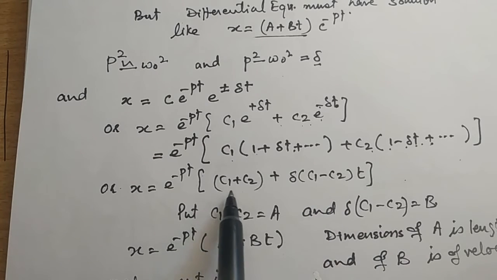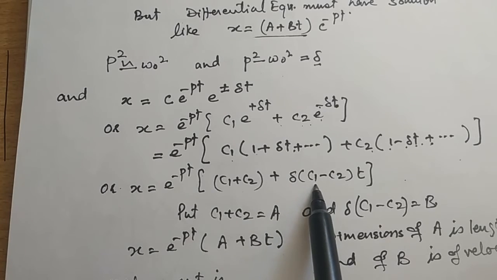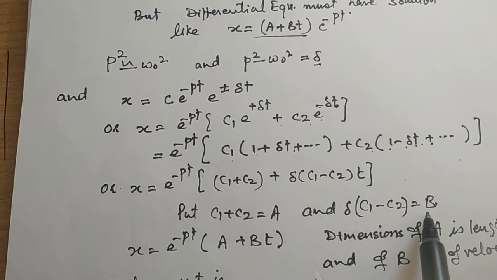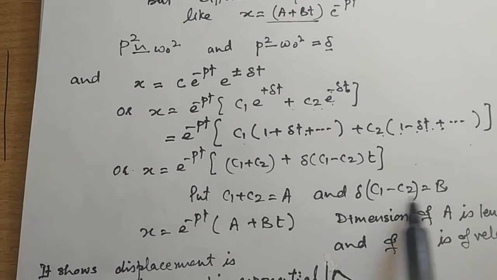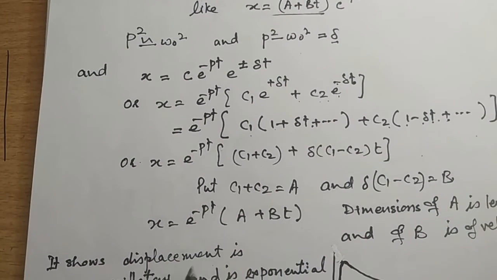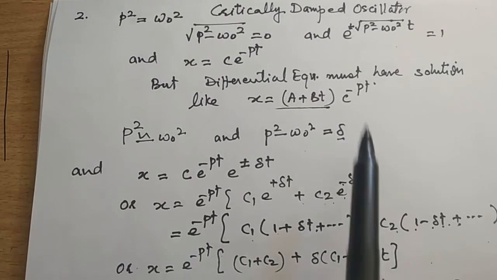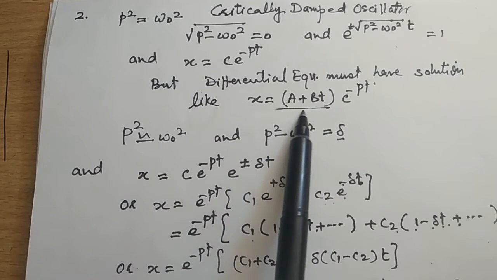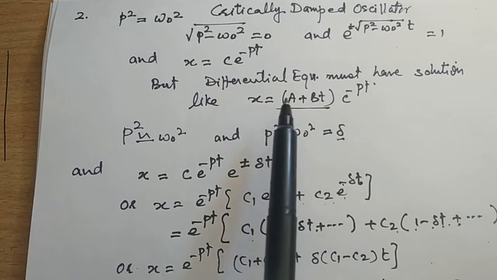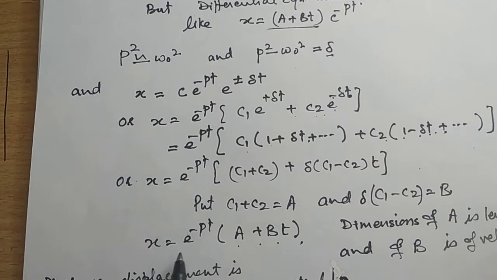Now put C1 plus C2 as A and delta times C1 minus C2 as B. If we put these values here, then you will find x is equal to e^(-pt) times (A plus Bt). And such a solution, I told you, we need in our differential equation. Therefore, this equation is valid.